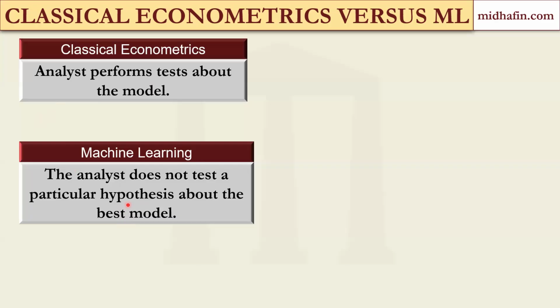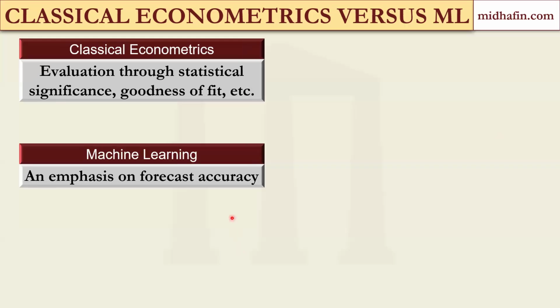In classical econometrics, what were we asking? We were asking, for example, is the coefficient of X statistically significant at the 5% level? That is what we were asking till now. But in machine learning, you simply ask, does including this variable X improve your prediction power or not? If it improves your prediction power on unseen data, well and good.